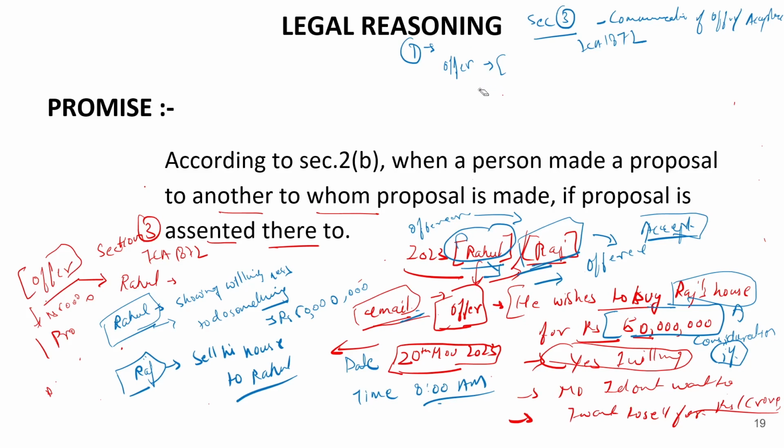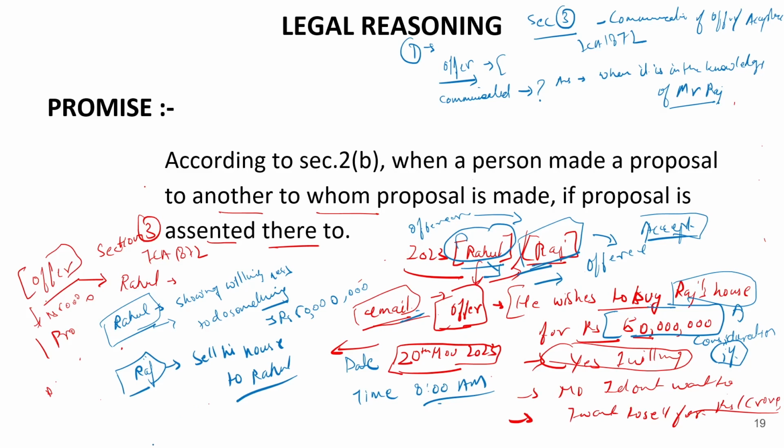How did this communication take place? Once the offer has been communicated, when is it being communicated? The answer is, when it is in the knowledge of Mr. Raj. Let's take an example.